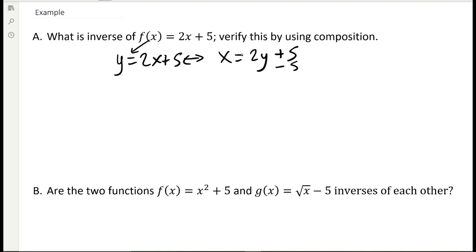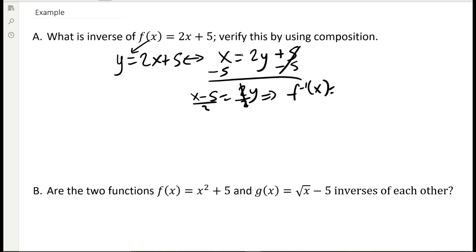And then we're going to solve for y now. Subtract the 5. And then divide by 2. All right, so that is my inverse function. f inverse of x equals x minus 5 over 2. Okay, so that's my guy.